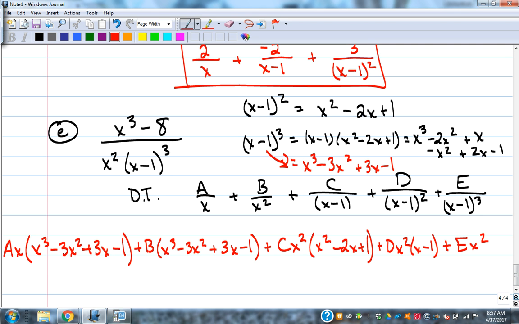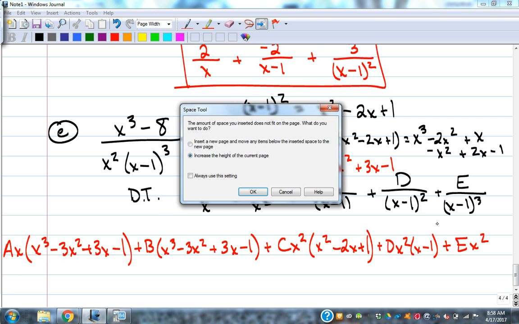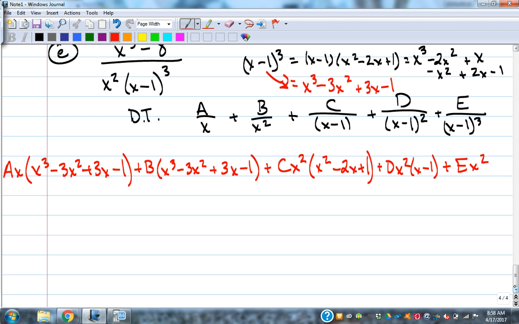Now we just need to multiply all this stuff out. So this is where algebra skill is big. So that's ax to the 4th minus 3ax cubed plus 3ax squared minus ax, plus bx cubed minus 3bx squared.